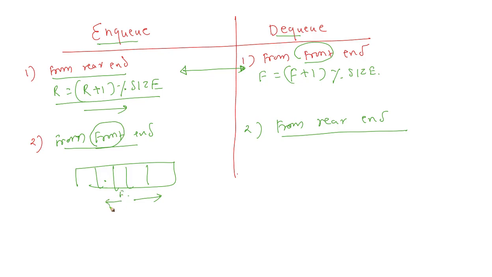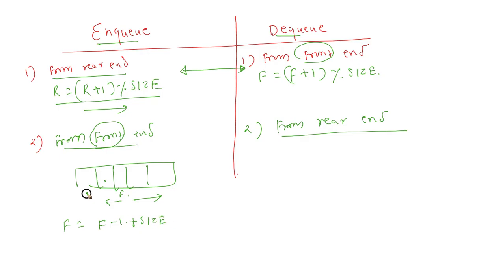So the front is decremented, because we are going in the reverse direction: f equal to f minus 1 plus size. Why this plus size?